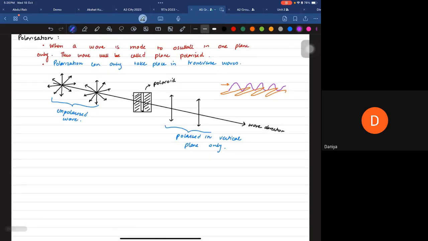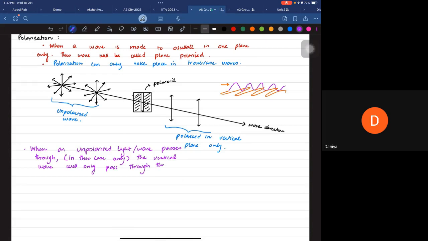So we can basically comment that when an unpolarized light or wave passes through, specifically like in this case only, the vertical wave will only pass through the vertical slit, and others will be blocked.